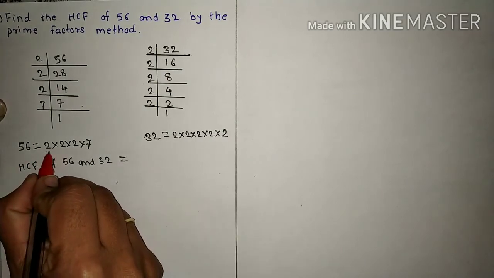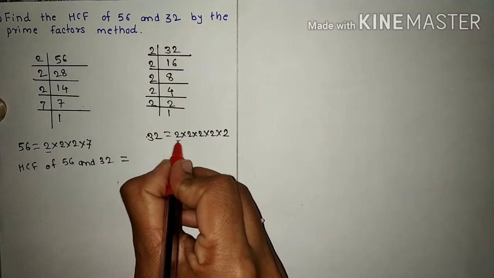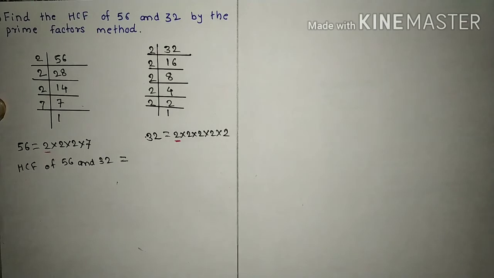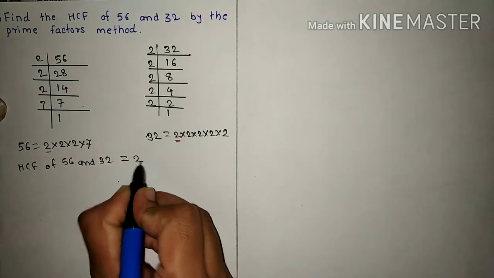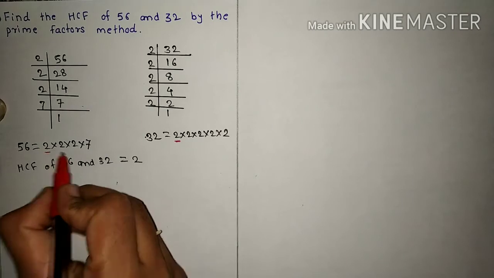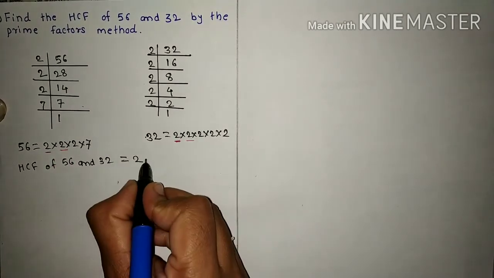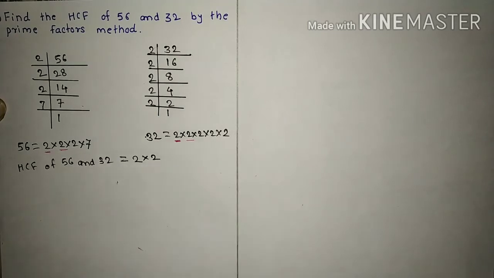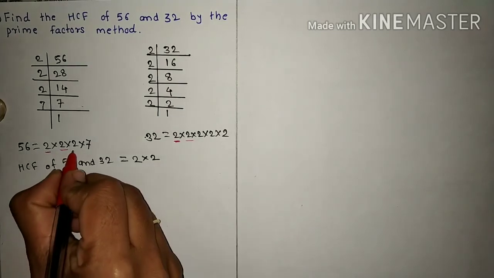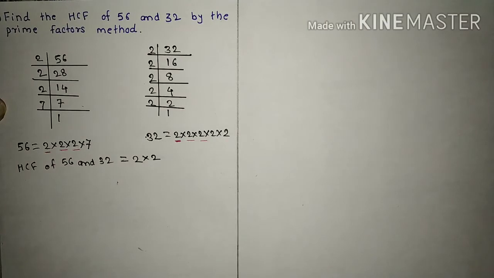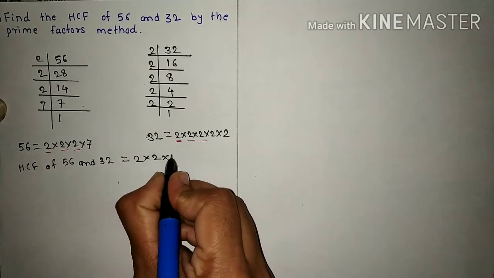Here also prime factor 2 and here also 2. So write down here 2. Again here 2 and here also 2. Therefore write down 2. Again here also 2, here also 2. So write down here 2.